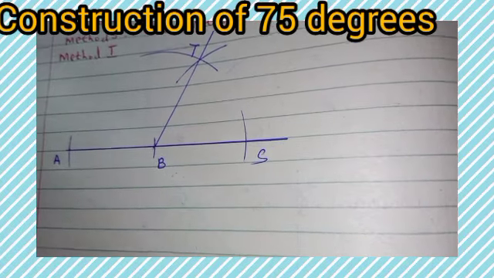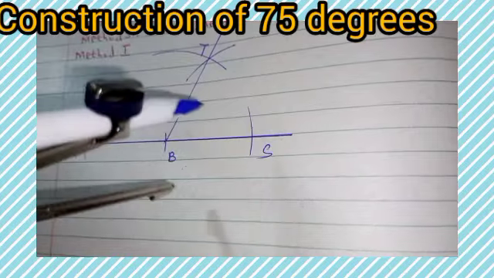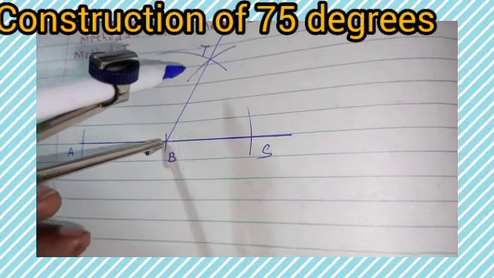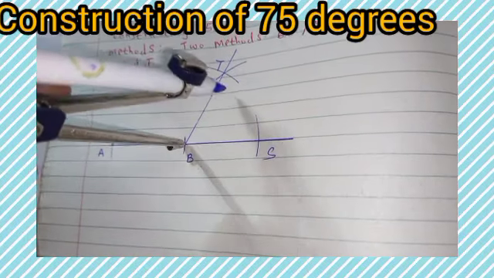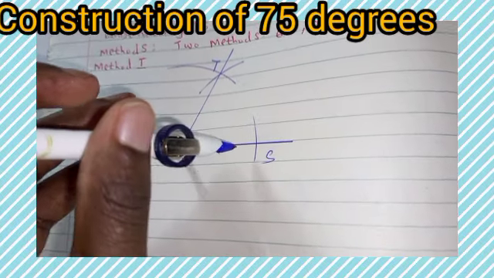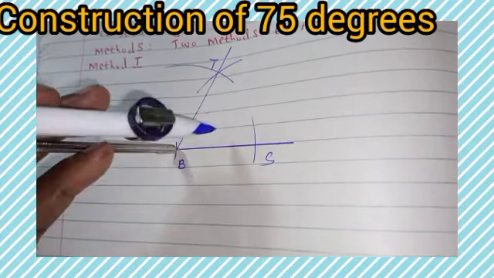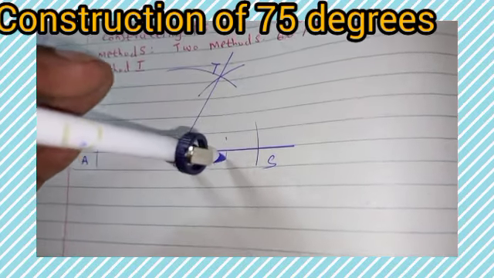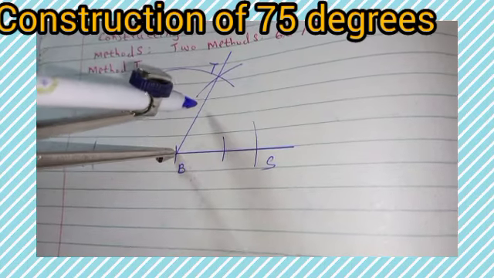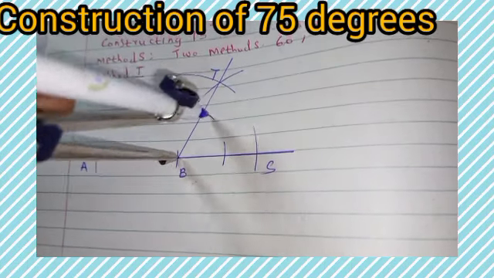To obtain an angle of 30 degrees, we are going to bisect this angle. For details on how to bisect an angle, you can look at my YouTube channel. When you bisect an angle of 60 degrees, you make an arc there and another one there.